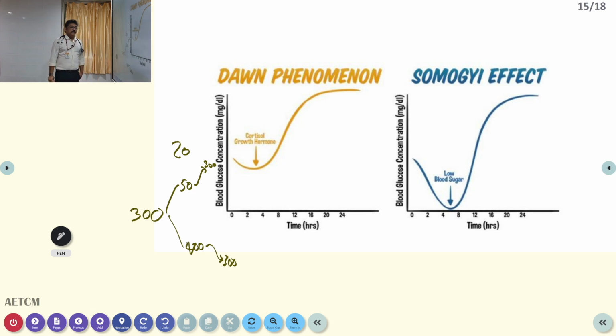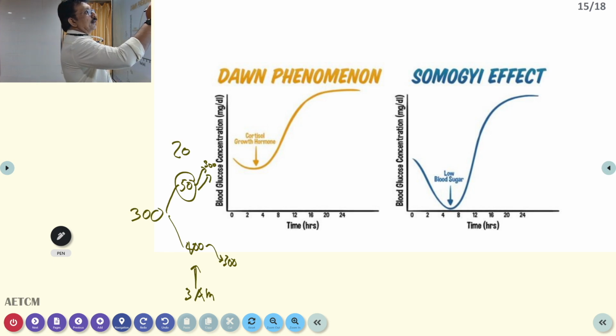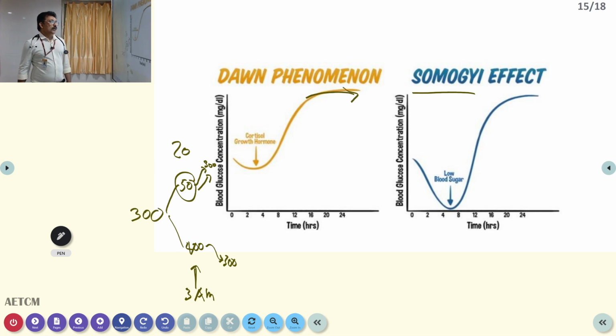So we will not know what is producing this high blood sugar in the early morning. For that, you need an early morning blood sugar value around 3 a.m. or 2 a.m. You can ask for a blood sugar value. If hypoglycemia is producing the very high blood sugar in the morning, this is called the Somogyi phenomenon. If hyperglycemia itself is producing the hyperglycemia, then it is called the Dawn phenomenon.